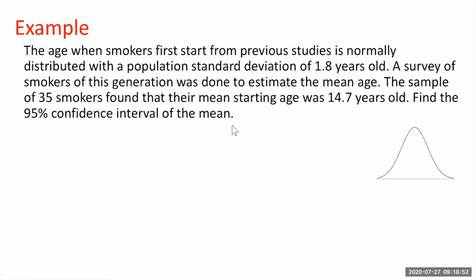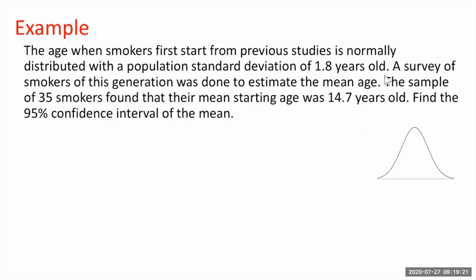Okay, here we need to know something. Let's find out what is given. The age when the smokers first start from the previous study is normally distributed. So we are talking about the age of the smokers when they start smoking. If we study everyone, that is the population, it is found that the population is normally distributed with the population standard deviation of 1.8 years old.